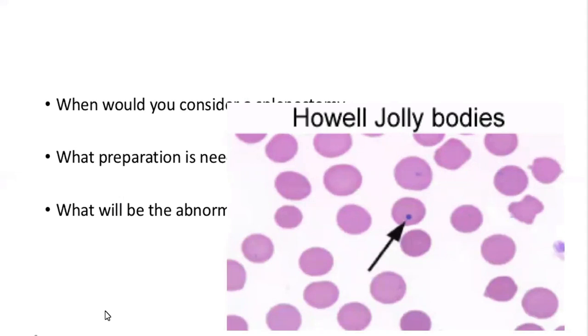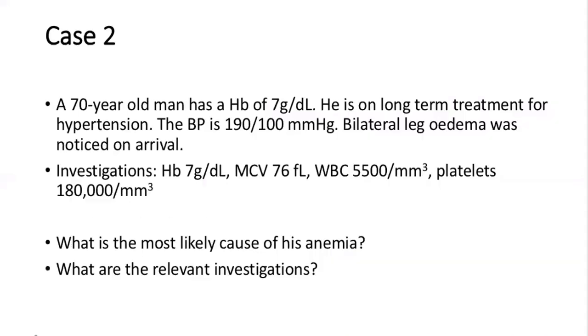These are common questions that you come across, right? So remember that the blood film will be spherocytic. There won't be any hemolysis. Howell-Jolly bodies will be there in the film, right?